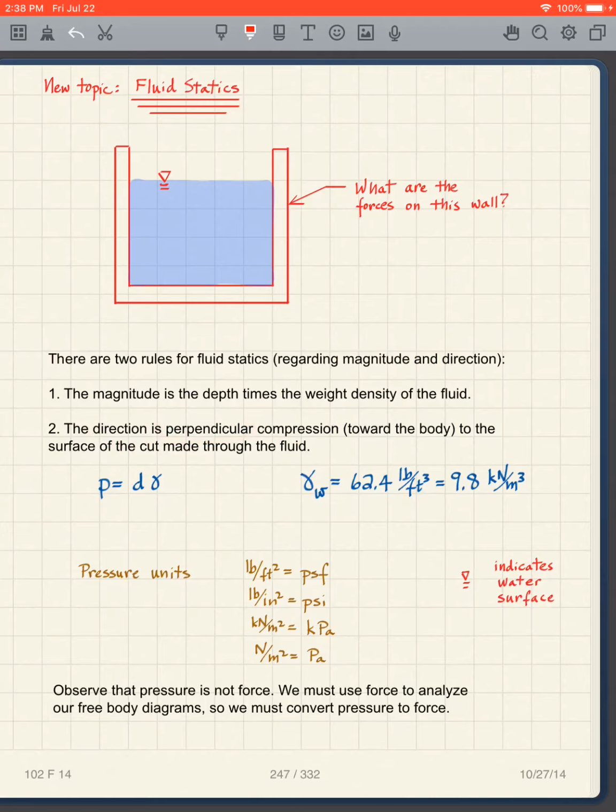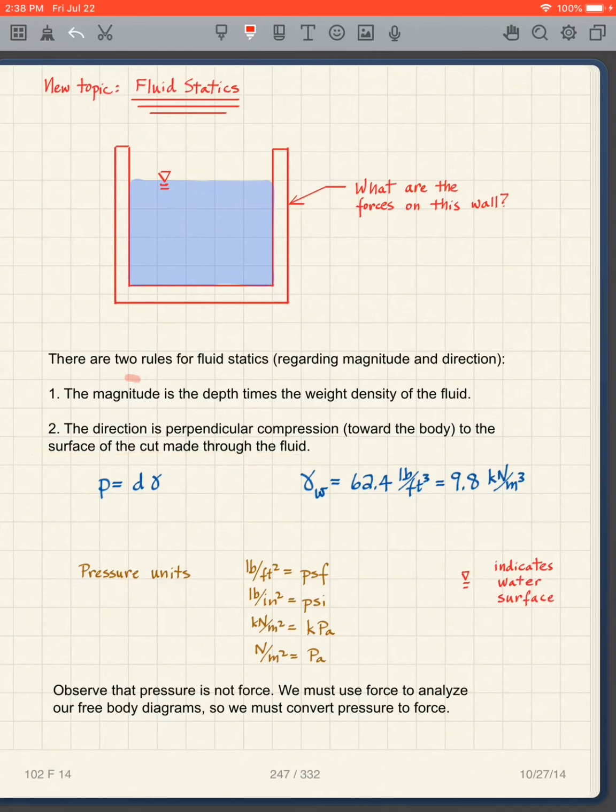So if I make a cut through the fluid like that, it's going to be perpendicular to that, and it's going to be toward that surface. So that is the meaning of this second rule.